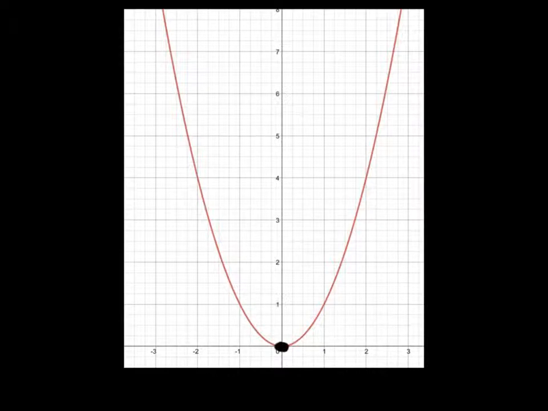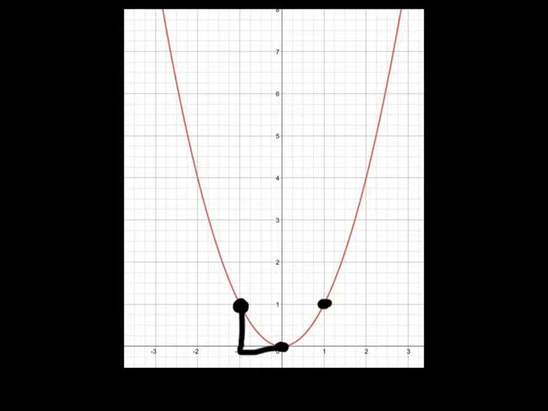That's where it's at. If I put a 1 in and then I square it, what do I get back? 1. So I go over 1, up 1, make a dot. If I put a -1 in and I square the -1, what do I get back? +1. So I put in a -1, I go back -1, and then up 1, because 1 was the answer that came out.